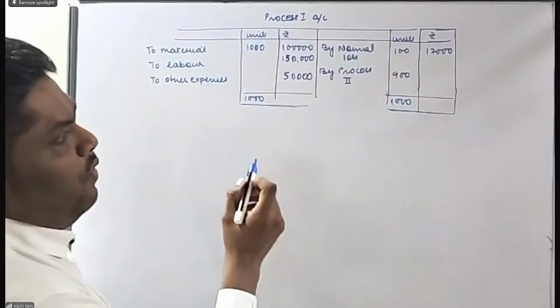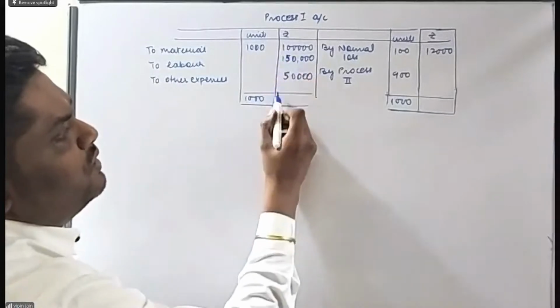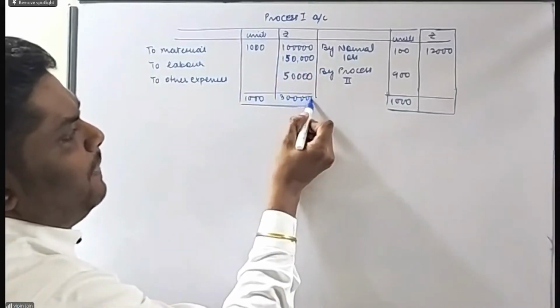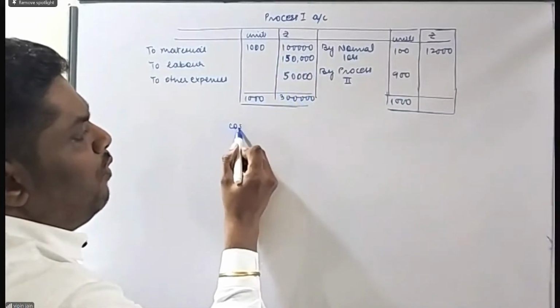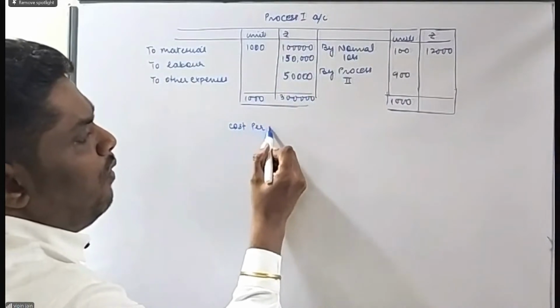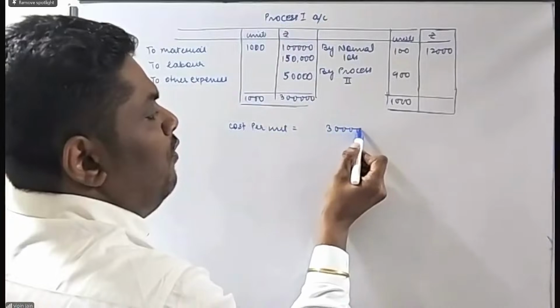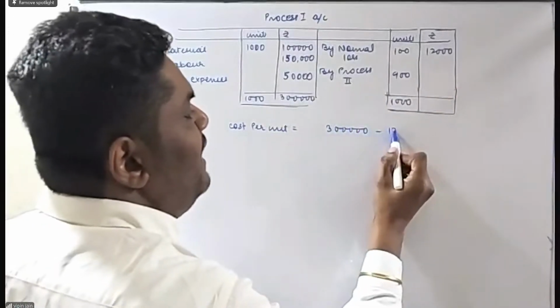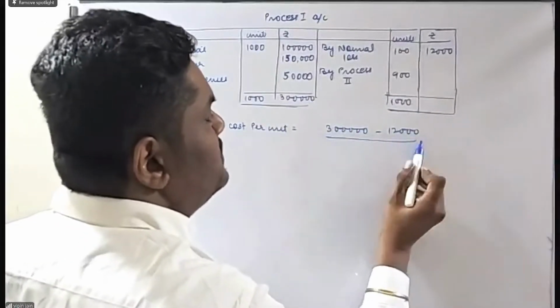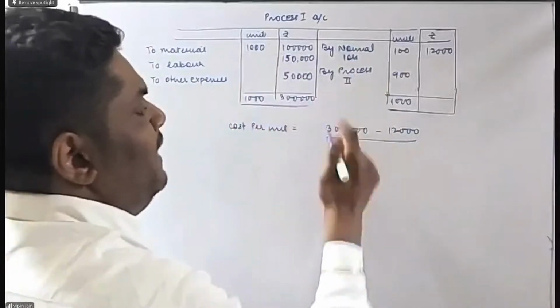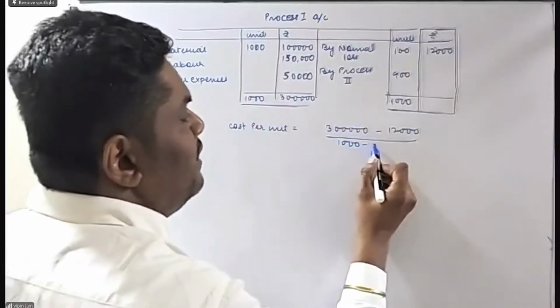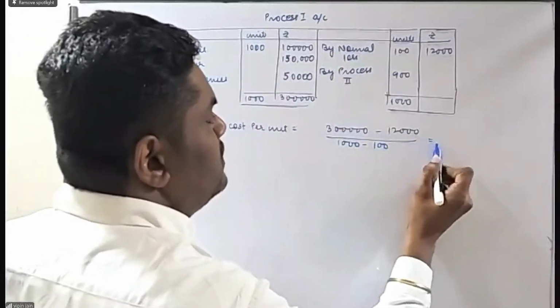When talking about the cost of good units transferred, the total cost is 3 lakh. Further, the scrap value that is realized on sale of normal loss is 12,000. The whole is divided by 1000 units minus the normal loss.